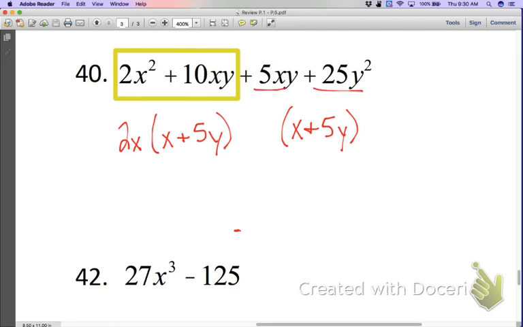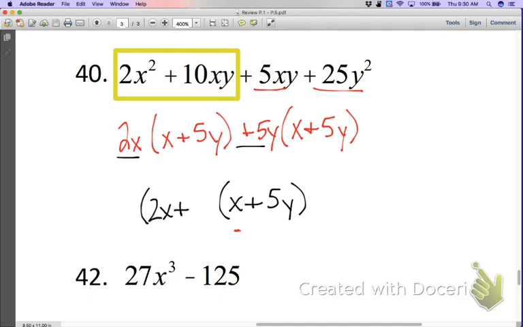If I divide each of those by something, what's going to get me the x plus 5y? Like, what's 5xy divided by the x? Plus 5y, right? So the 2 that are in the parentheses become 1. And then the 2 parts on the outside are its own.